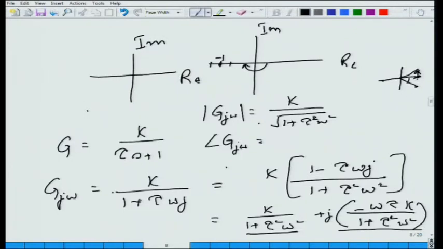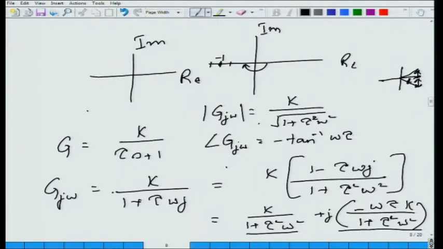So, the angle is going to be negative, because you are going in the clockwise direction. So, negative tan inverse of imaginary part by real part, that is essentially going to be omega tau.